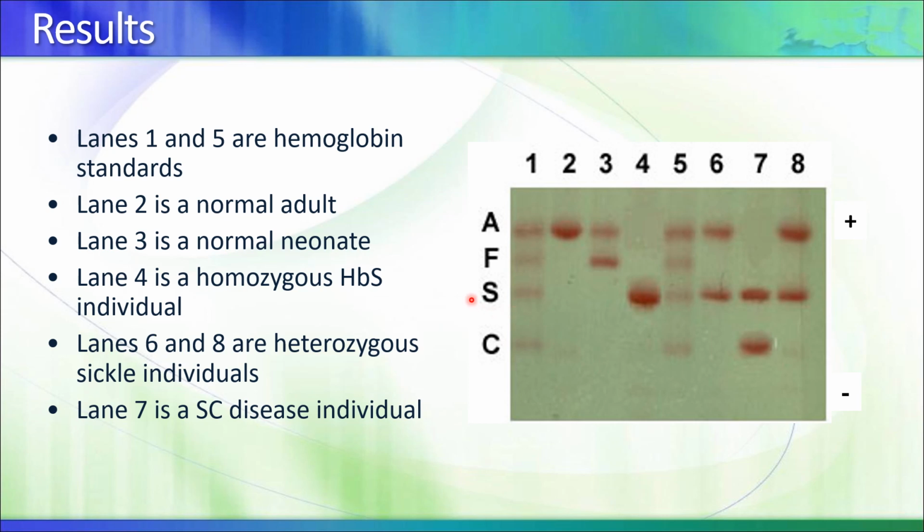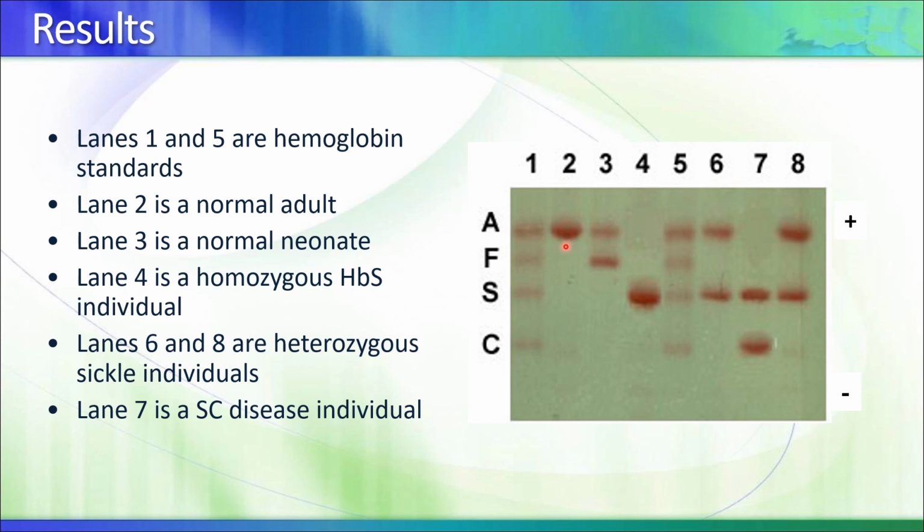Now with HbS, you have loss of a negative charge, glutamate, to valine, okay, which is no charge. Same thing, the molecule will travel away from the anode and closer to the cathode. Now HbF as a whole molecule is more positively charged than HbA, the adult hemoglobin.